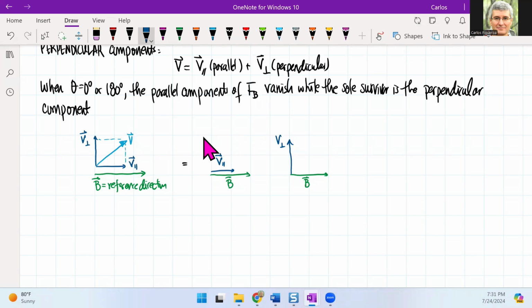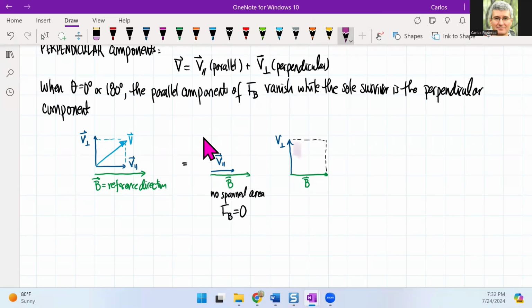So in other words, here we could say that there's no spanned area, which then tells you immediately that the magnetic force is zero. But here, we are spanning an area, right?